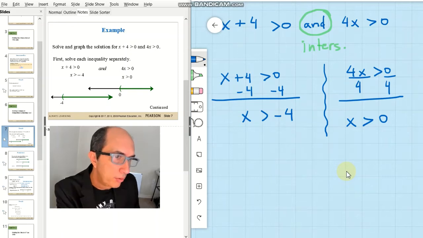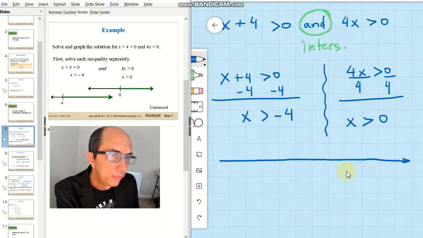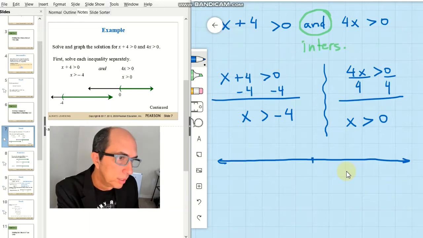Here on the bottom, let's represent the graph first of x greater than negative 4. So let's say here is 0, 1, 2, 3, 4, negative 4.